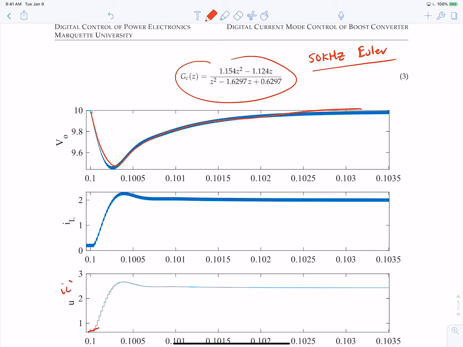Remember, this is IL star, and you can see IL here. So essentially what's happening is we're running at 200 kilohertz in terms of switching frequency, but we're only updating IL star every 4 switching cycles, right? So common factor of 4, and you can see that here. But now we're approaching, even at 50 kilohertz, which isn't 200, what the continuous time response looked like.